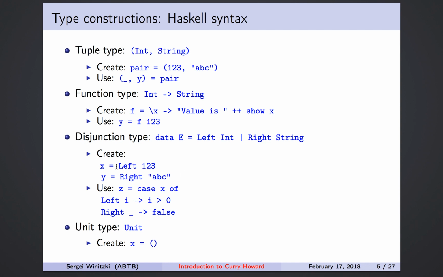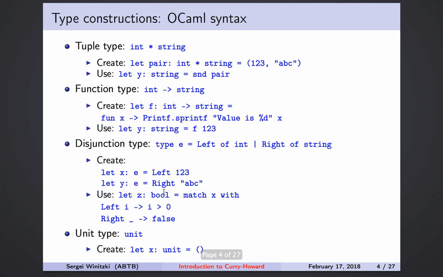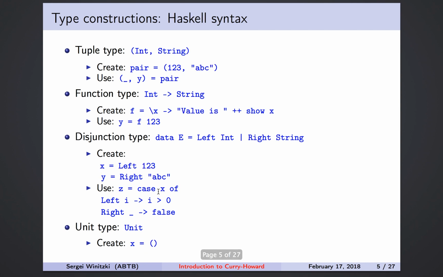Otherwise very similar. You create values of disjunction type and you match them in a case expression, which is exactly similar to the match expressions in OCaml and Scala, using two functions that compute the Boolean value in the two cases. And the unit value is like this.